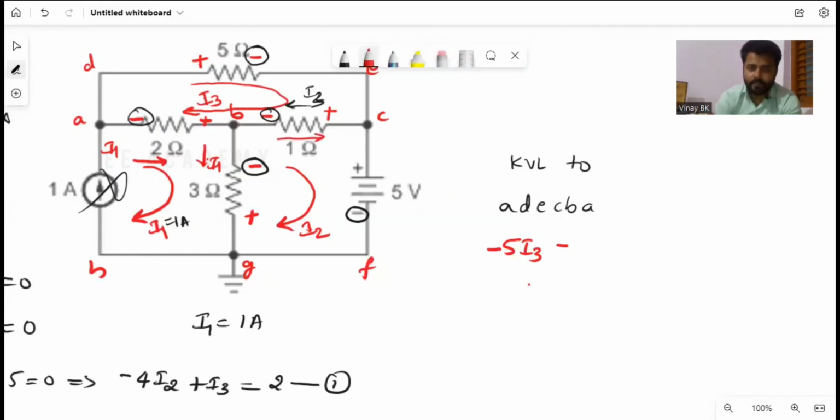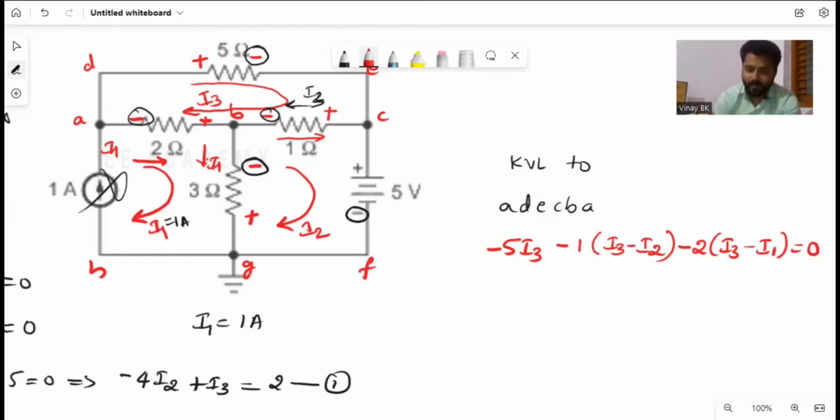I2 is flowing in this direction, I3 is flowing from C to B, so I3 is the reference: minus 1 into I3 minus I2. Come here again, B to A, I3 minus I1 into 2, and polarity is negative, so minus 2 into I3 minus I1, equals 0. But what is the value of I1? 1 ampere. Keep that in your mind.